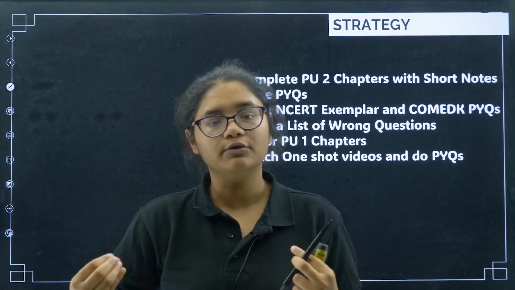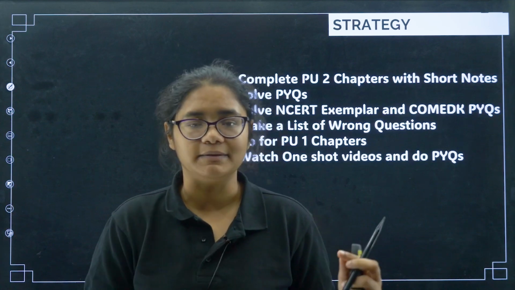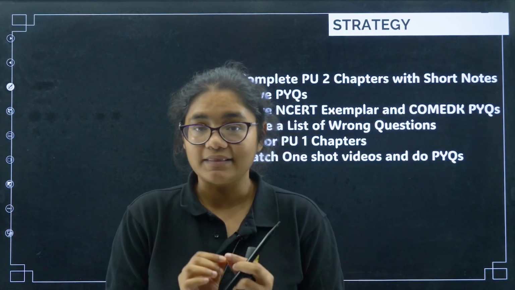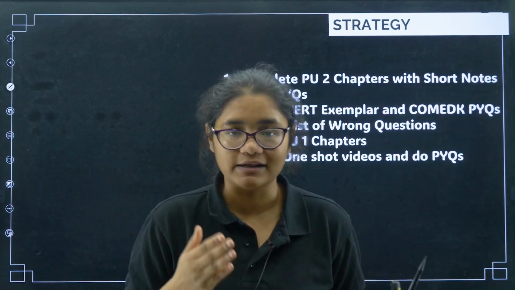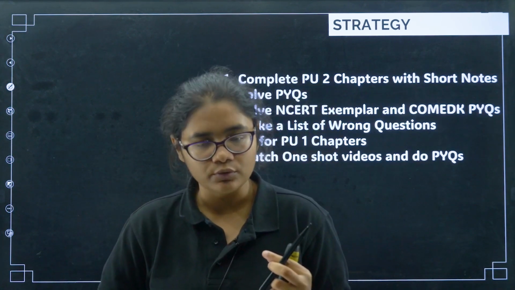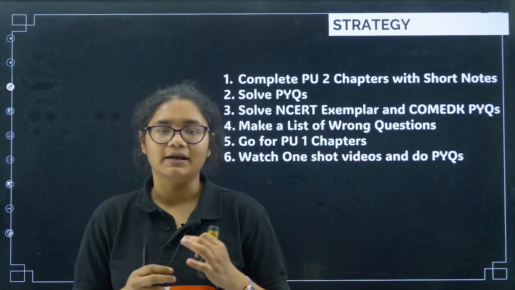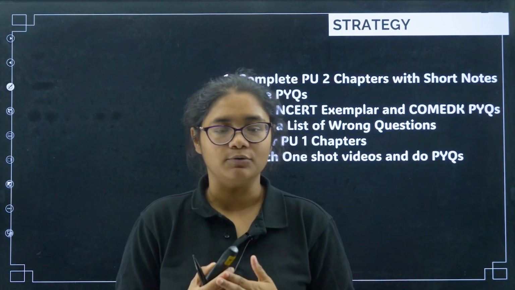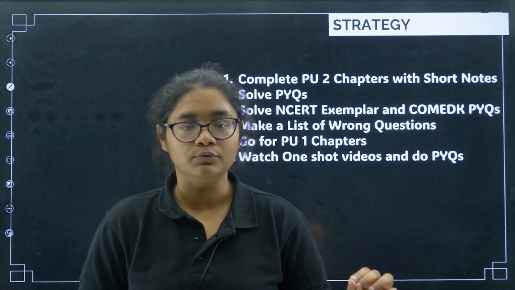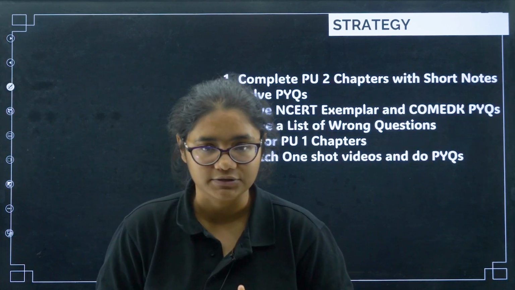If you are getting very good marks in your PU2 preparatory exams, 85% above in PCM, then focus on KCET preparation also. But if you are getting less than 85%, then please devote more time to PU2 and less time to KCET. And if your performance is very bad, like you are just getting pass marks in PU2, then do not touch any KCET now, only focus on PU2, because it carries 50% weightage in your rank determination, right?